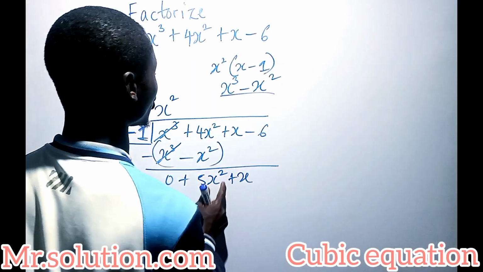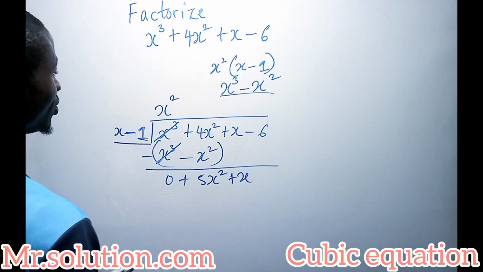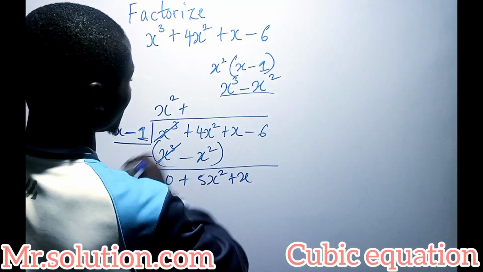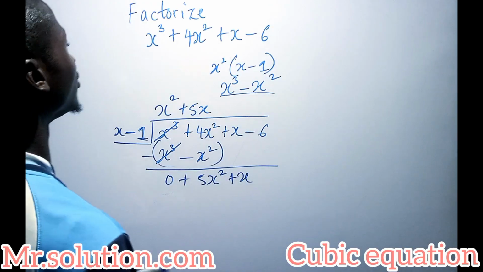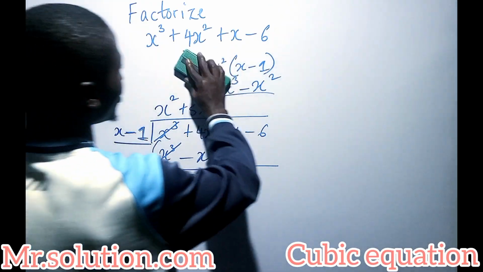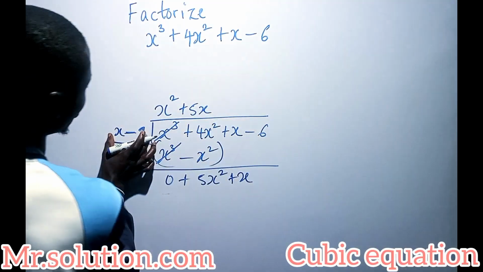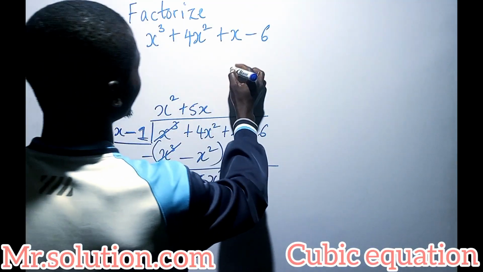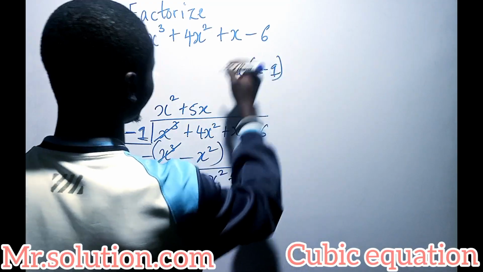5x squared divided by x is going to give us plus 5x. Now the same way we did for this, we are going to apply for the other. This 5x, we are going to use to multiply x minus 1. We now have 5x multiplied by x minus 1.